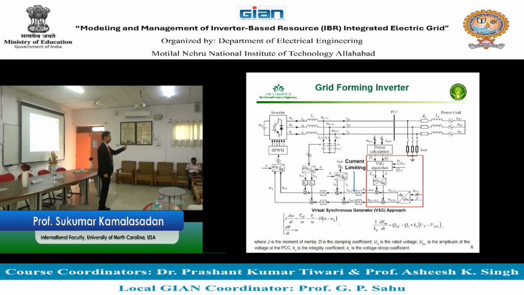So let us recap one more time. We said that the inverters we are considering are inverter based resources or three-phase inverters. We are not going inside the topology of the inverter. We just generally consider a three-phase inverter with 6 switches controlled by a pulse width modulation technique, sine PWM.